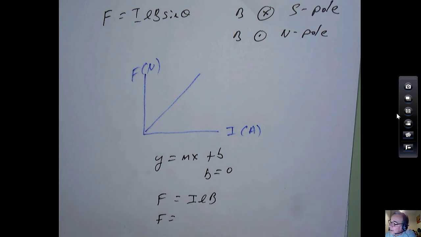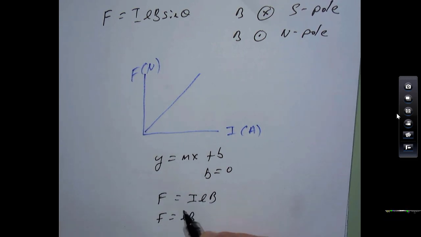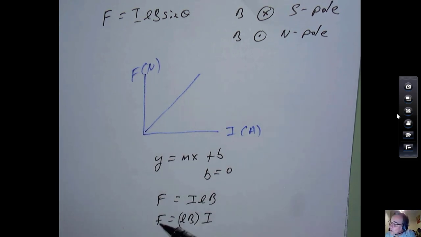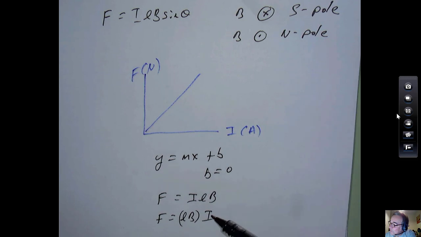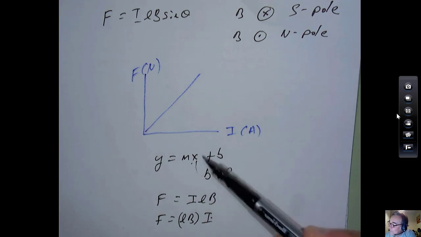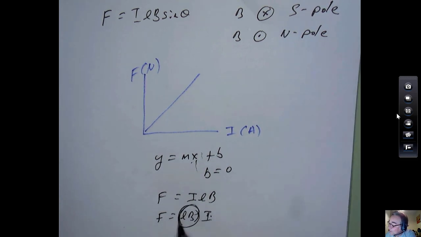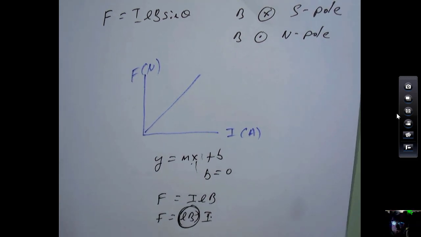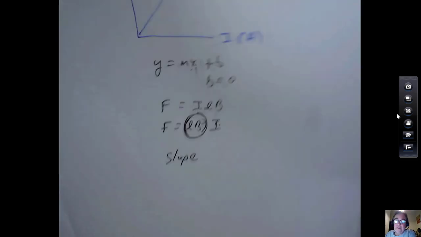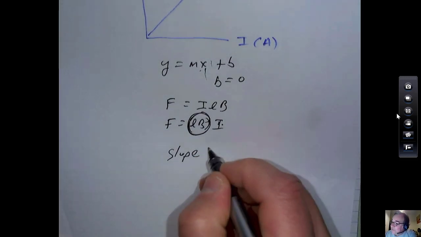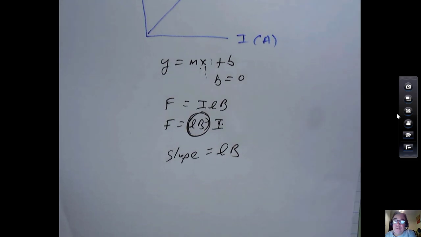F is equal to LB times I. So F plays the role of y, and I plays the role of x. So whatever comes in front of the x variable is the slope. So this is the slope. Slope is equal to L times B.